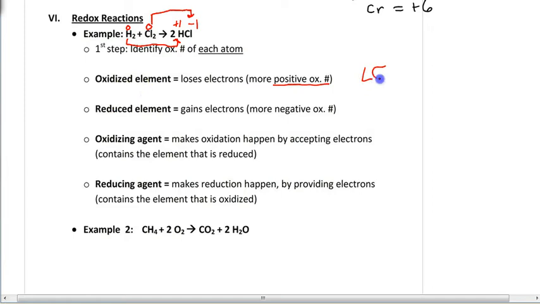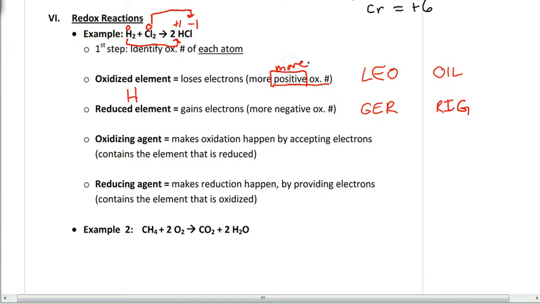Remember, loss of electrons is oxidation, gain of electrons is reduction. Or you could remember the OIL RIG example. Oxidation is loss of electrons, reduction is, is with an I. Reduction is gain. So hydrogen has gone from 0 to +1. Remember, electrons are negative, so it's becoming more positive. So hydrogen here is the oxidized element because its oxidation number has become more positive.